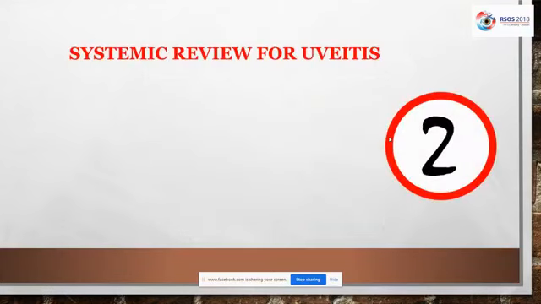The second issue is the systemic review for uveitis, and here we are concerned about asking a very specific questionnaire to cover all the systems and to collect the positive data from any of the systems that can be correlated to the uveitis the patient has.